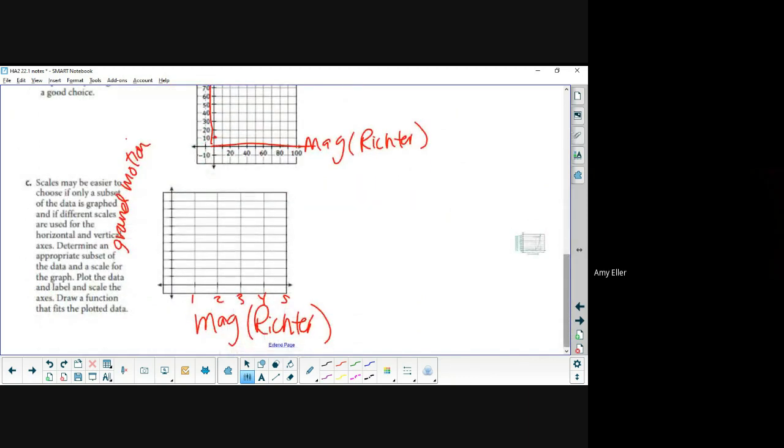Should I count by thousands? No, I'd have to get to 100,000. What do you guys think we should count by? 10,000 is a good idea. You don't have to label every one. Label the first one, and then a few more as you go up so it's easy to find.